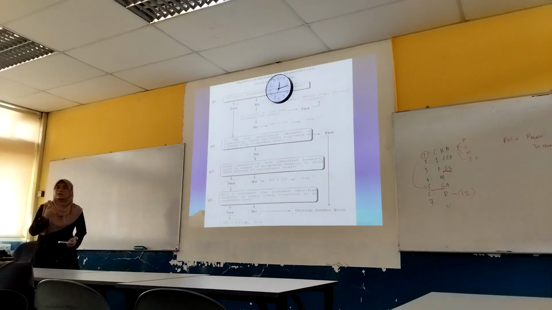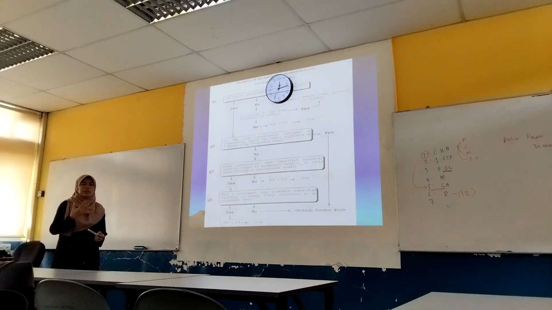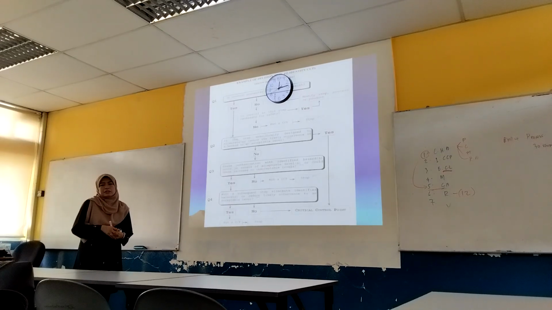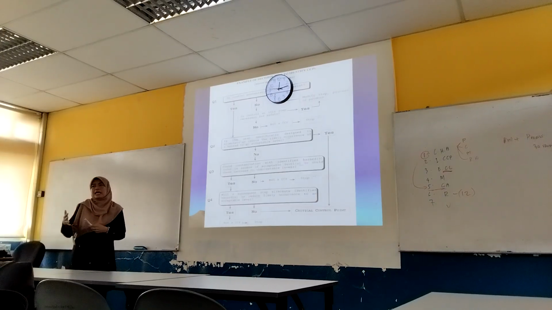If let's say we know that the ingredient contains coliform, the water probably contains coliform, is there any preventive measure that we can put in our process in order to eliminate this coliform? Ada ke tak? If ada, then that is considered a CCP.